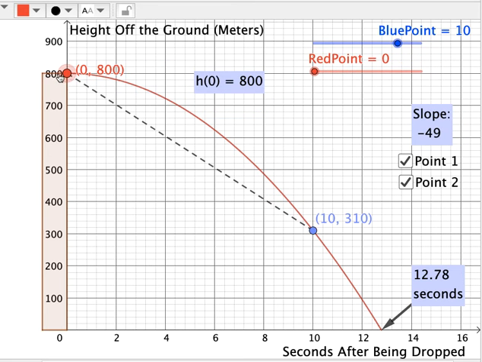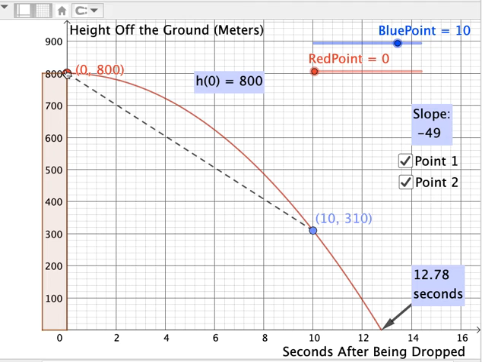And so at 0 seconds, the ball is at 800 meters. At 10 seconds, it's at 310 meters. That means it dropped from 800 to 310 meters, or a total of 490 meters, 800 minus 310. The slope then is going to be that total distance that it dropped, 490, divided by how long it took for that to drop.